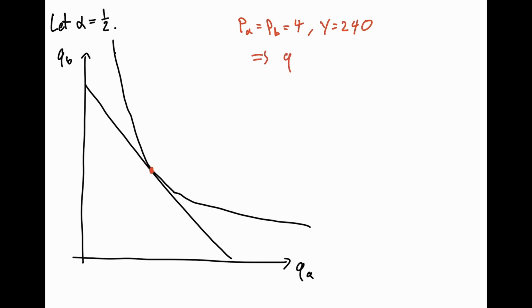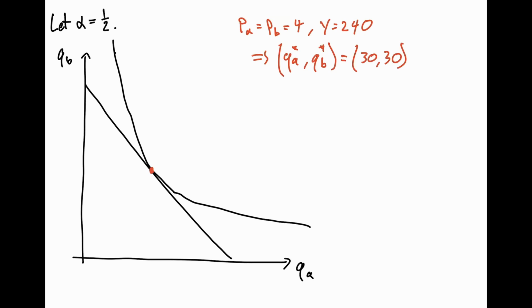We can find the quantity for A, because it's symmetric, it's going to be equal to the quantity for B, which here is 30. I'm actually going to write this slightly differently. QA star, QB star is equal to 30 and 30.